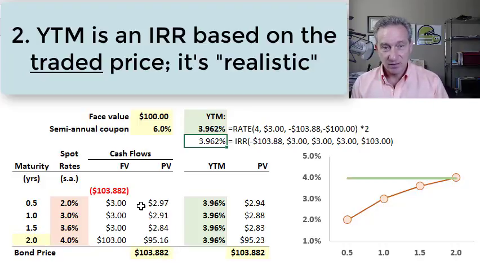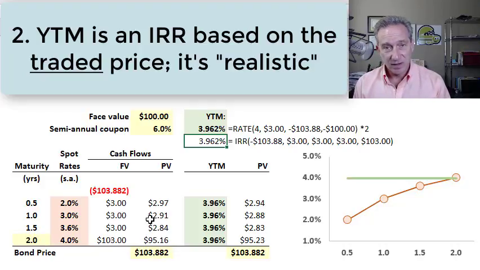So this is where the yield is more realistic than the theoretical bond price, which is to say that the idea with the yield to maturity is it takes the price as an input, and we don't expect the price to trade at the theoretical bond price.